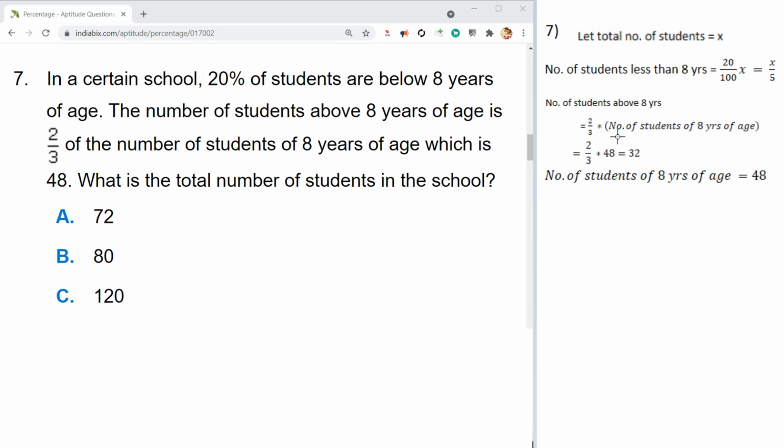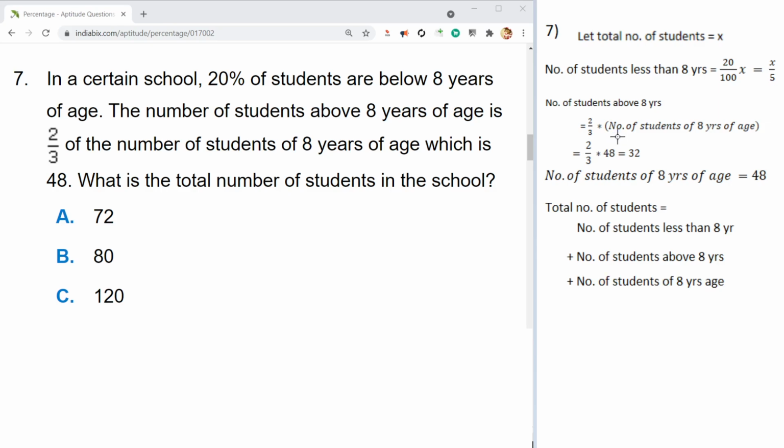Total number of students equals number of students less than 8 years, plus number of students above 8 years, plus number of students of 8 years age. So we assume number of students as X. So X equals, number of students less than 8 is X by 5, number of students above 8 years is 32, number of students of 8 years age is 48.